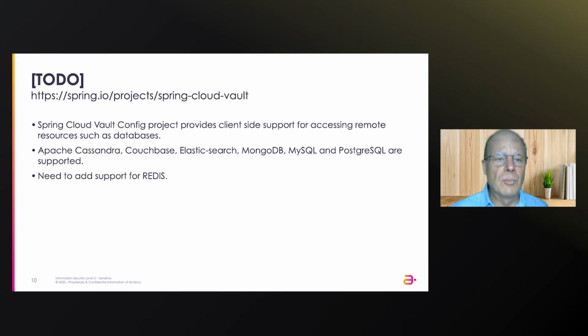It's already got support for Cassandra, Couchbase, Elastic, Mongo, MySQL, Postgres. I need to do the same for Redis. It's not difficult. I don't really like working with Java and annotations all that much because they're very opaque, but I'll try and get round to that in the next steps.